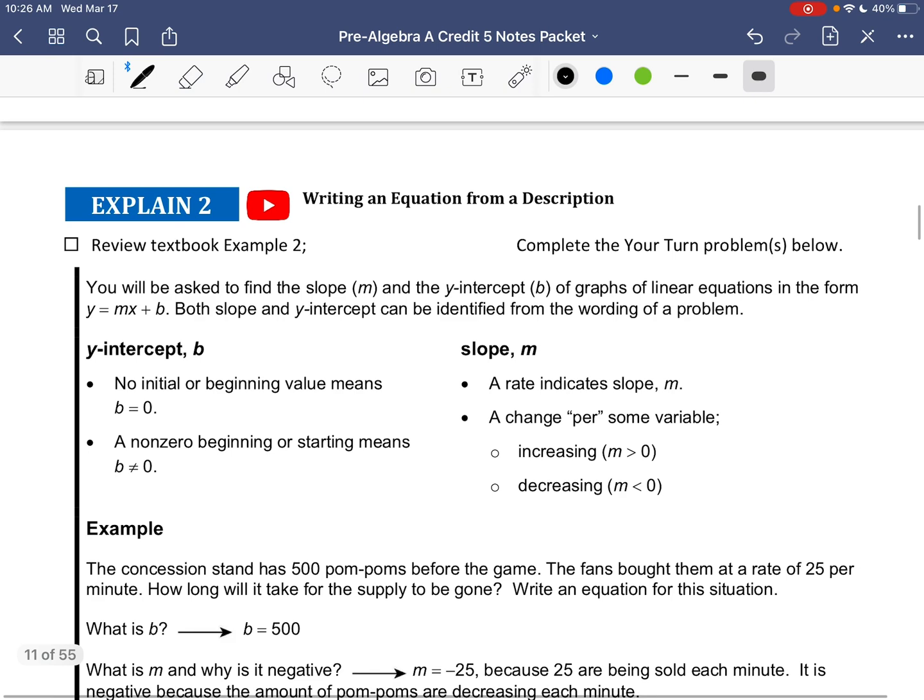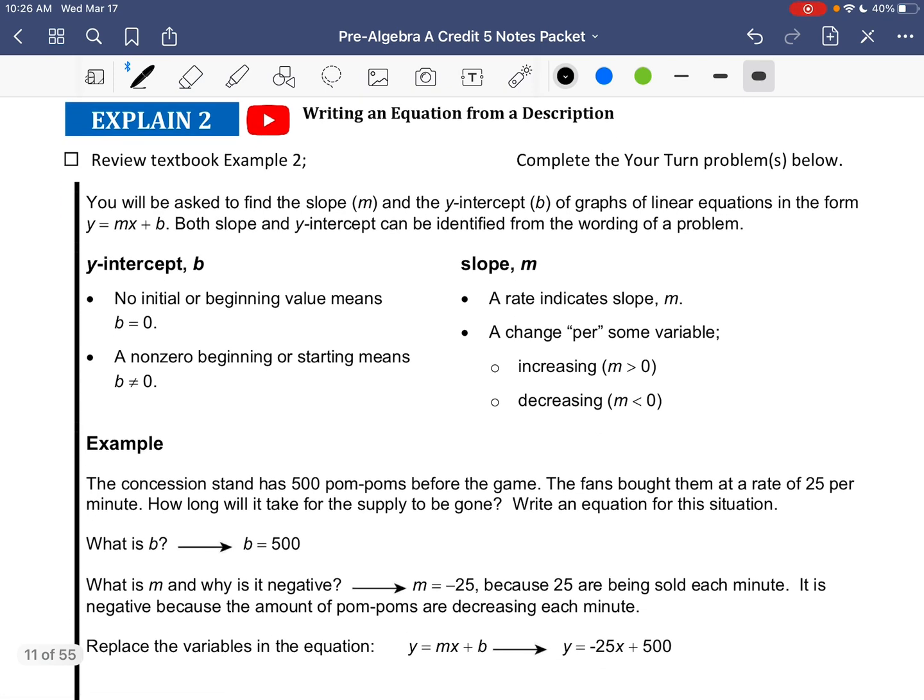Okay, what we want to do next is look at a description. How can we write an equation using a description? We're going to be asked to find the slope and the y-intercept. One thing we have to understand with descriptions is that to find the y-intercept, we need to know what the initial value is.